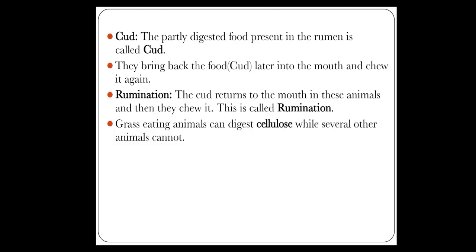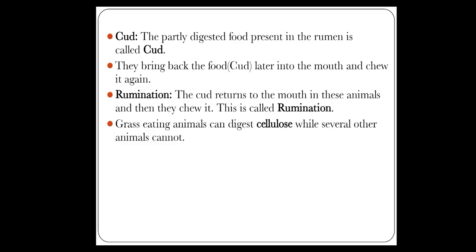Okay, so grass eating animals are the only animals which can digest cellulose because in their cecum certain bacteria are there which help in the digestion of cellulose, and these are absent in other organisms and also in humans. So the journey of food is from the mouth to the rumen, back to the mouth, through the esophagus to the stomach, that is to different parts of the stomach.